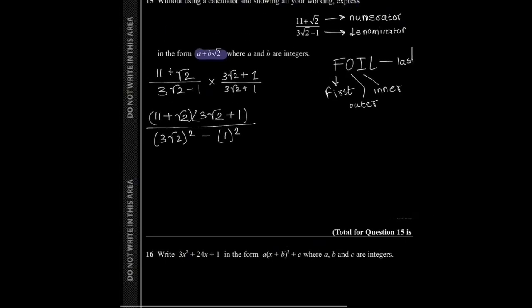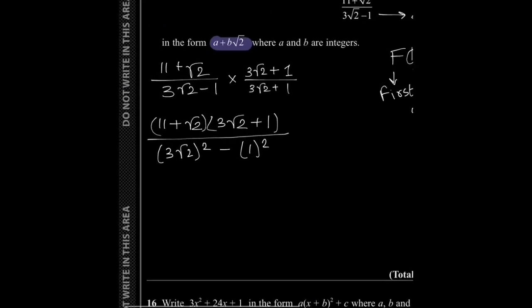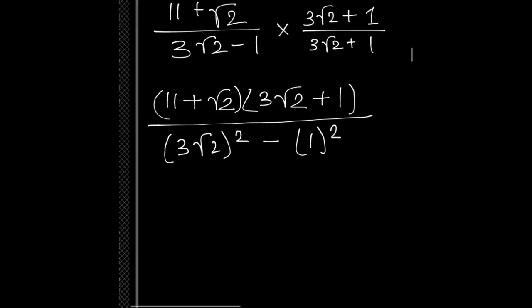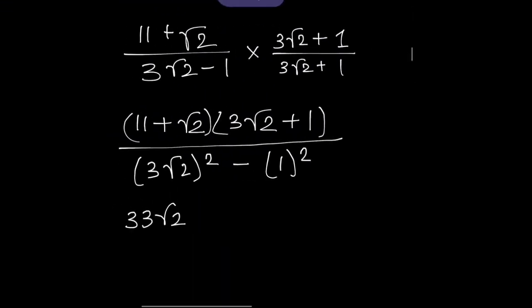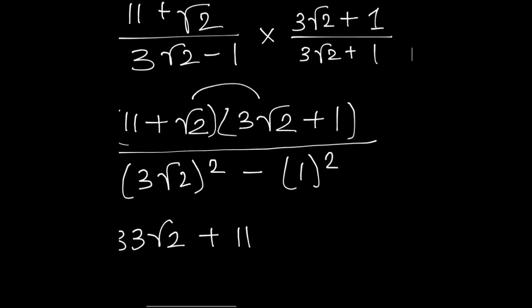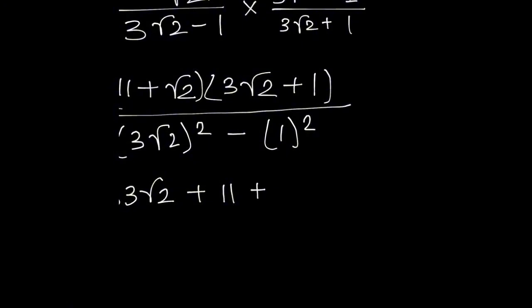So based on that, let's multiply 1 with 3 root 2. That's gonna be 33 root 2. Oh, right, outer. So 11 with 1, that gives us positive 11. Then I for inner, that means this 2, which gives us 6.